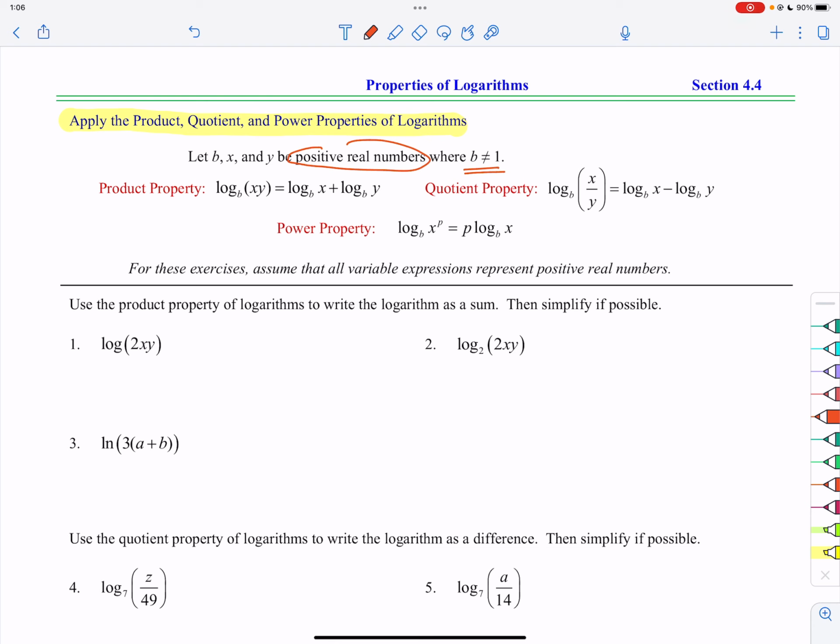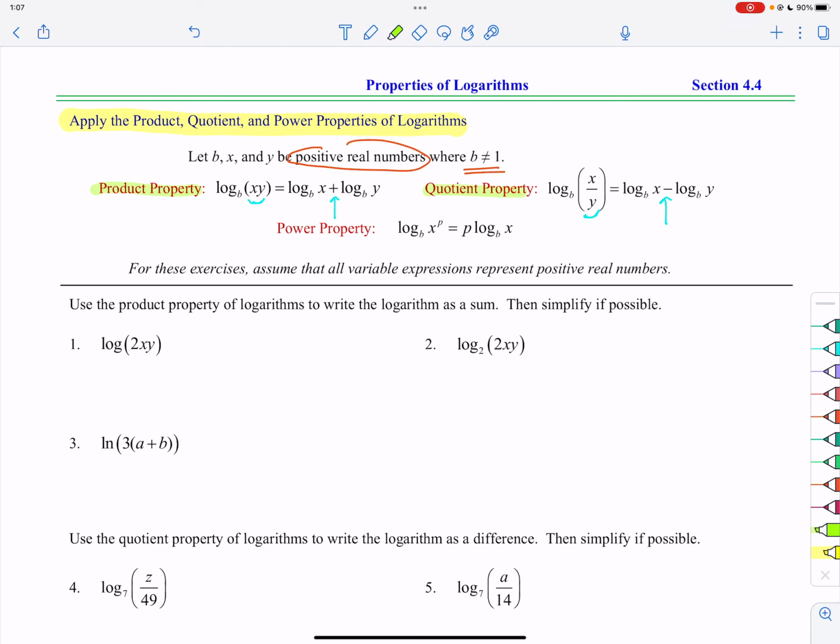So let's take a look at the product property first. The log of a product is the sum of logs. How about the quotient property? The log of a quotient is the difference of logs.